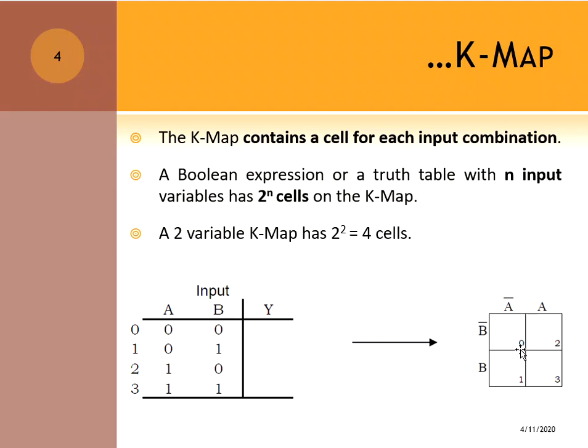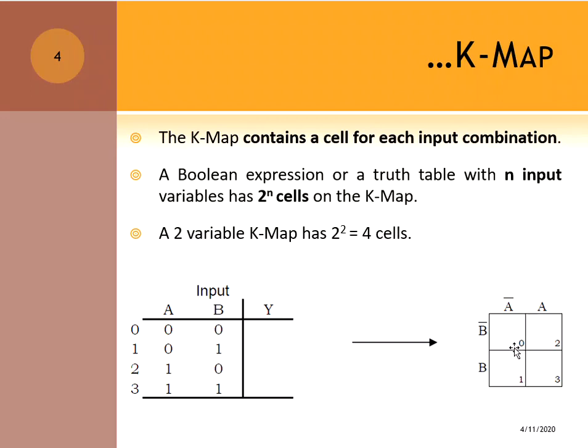What does this number represent? A bar represents value 0 for A. A represents value 1 for A. Similarly, for B, B bar represents value 0 for B. B represents value 1 for B.